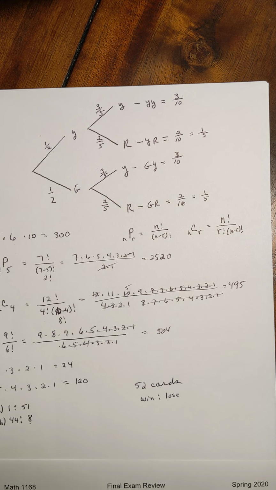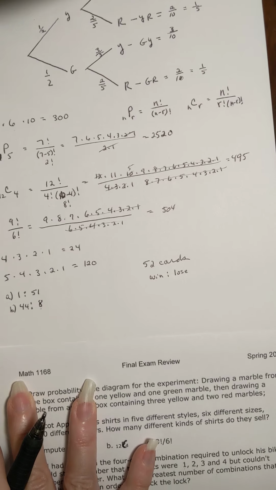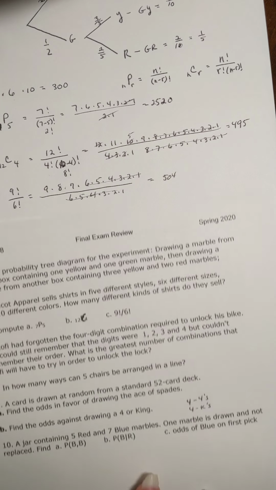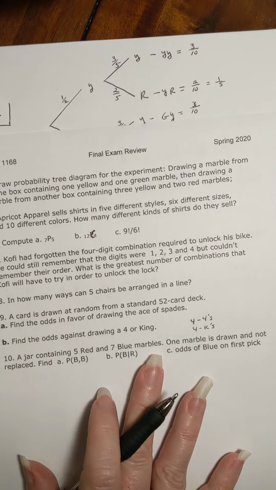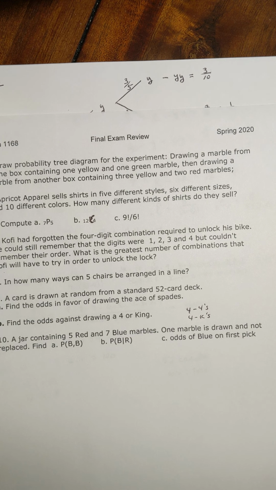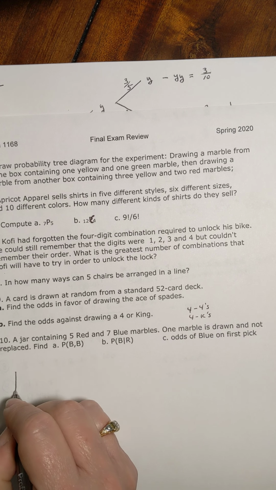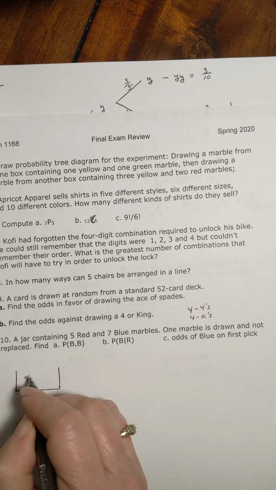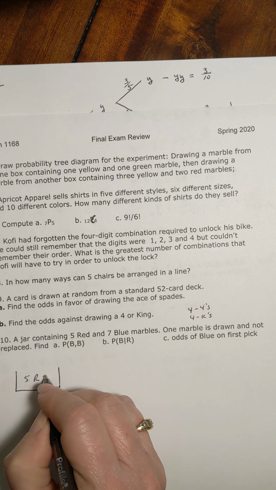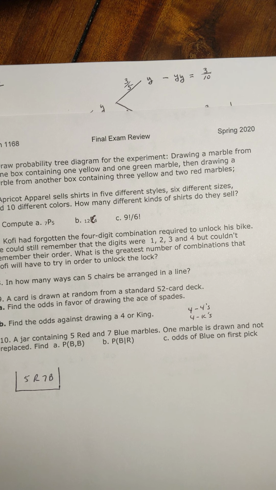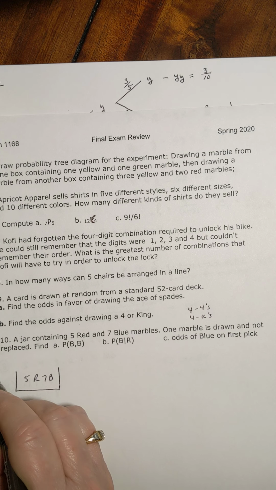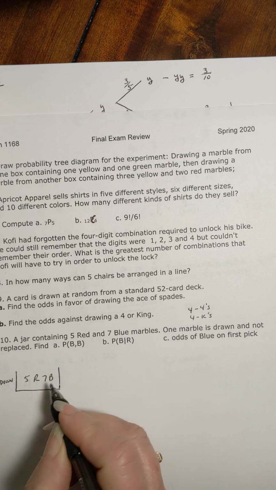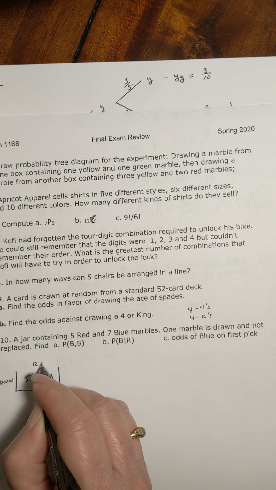All right. And then finally, we're going to do one that is without replacement, and I'll just do it on the sheet here. It says a jar contains 5 red and 7 blue marbles. Okay, 1 marble is drawn and not replaced. So this is the first draw, and there are 12 marbles.